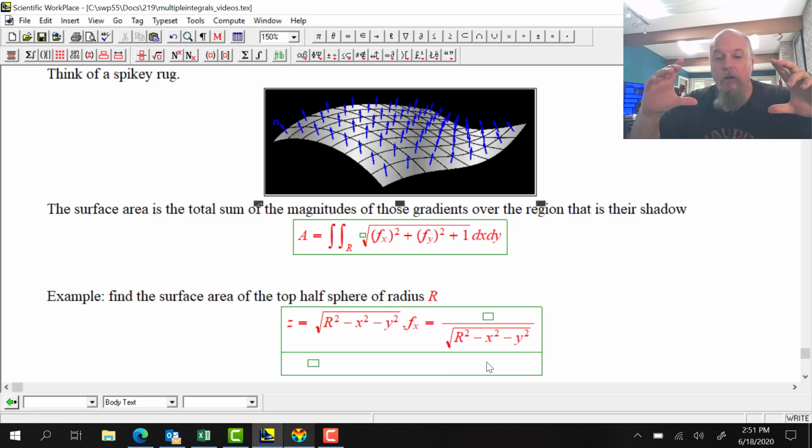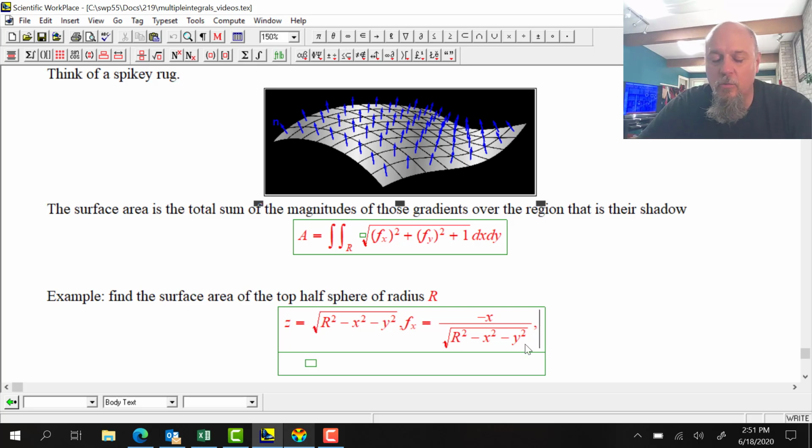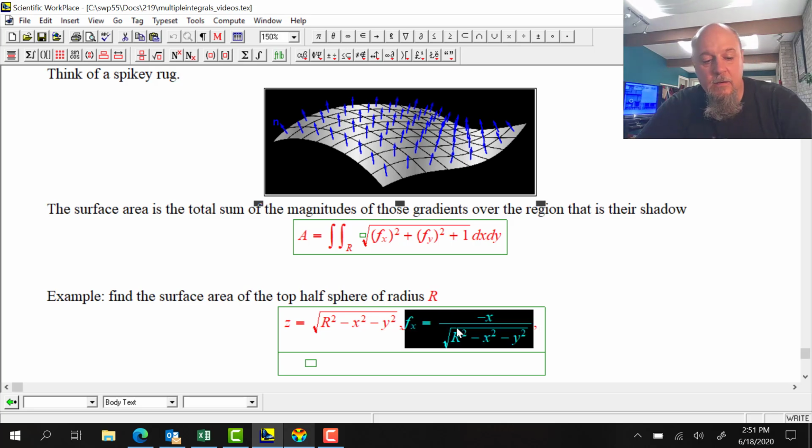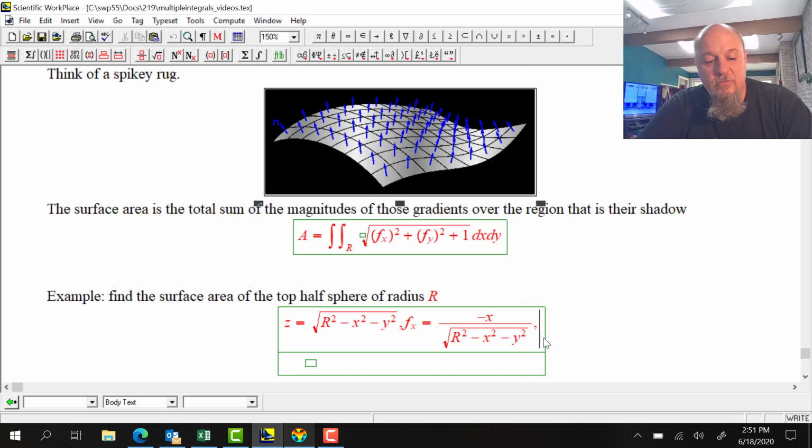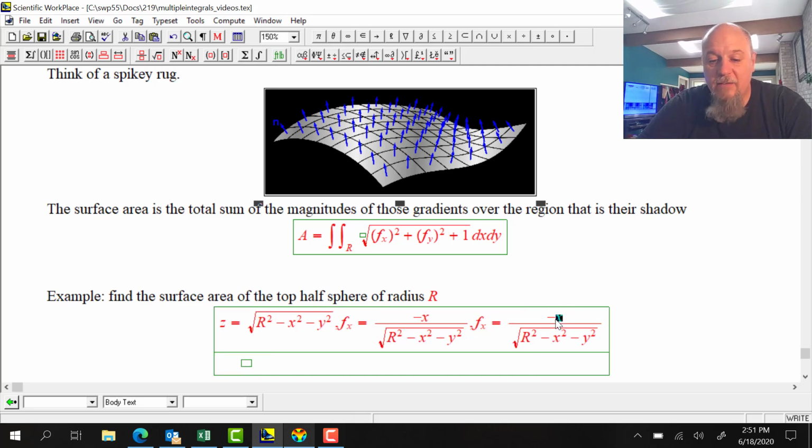That r squared minus x squared minus y squared to the half comes down. Subtract 1 from the exponent, so it's minus a half, times the derivative of what's inside, which is minus 2x. So that minus 2 and the half cancel. And there's my derivative with respect to x. The derivative with respect to y then, nice and symmetrical, just going to have a y there.